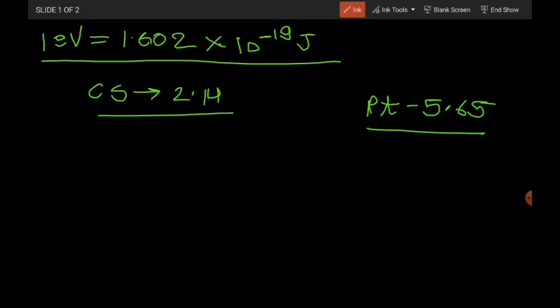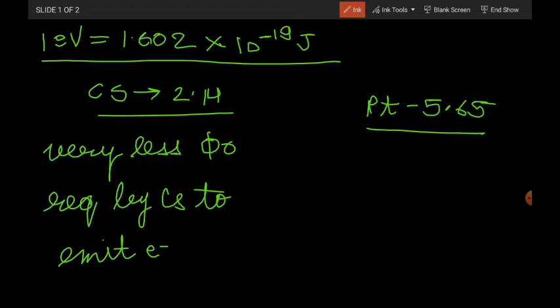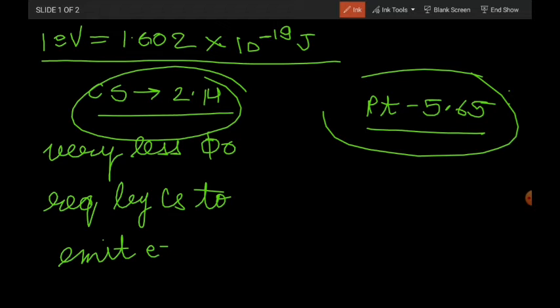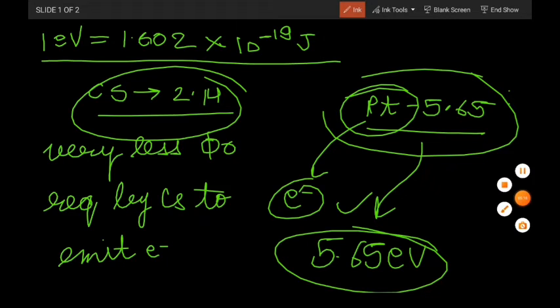It means that very little work function is required by cesium to emit an electron. For photoelectric emission to take place, cesium requires the least energy but platinum requires the highest. You have to at least provide 5.65 electron volt energy to the platinum surface so that an electron can be emitted out.